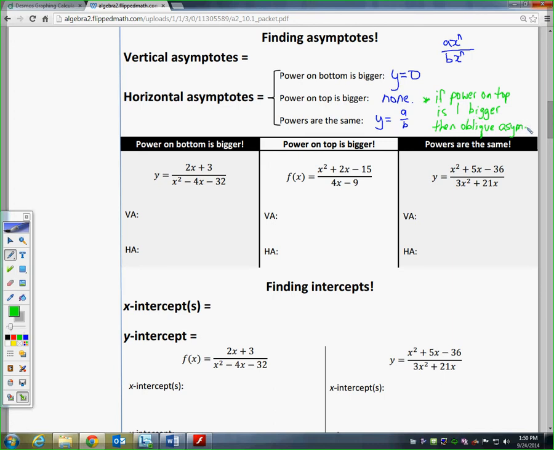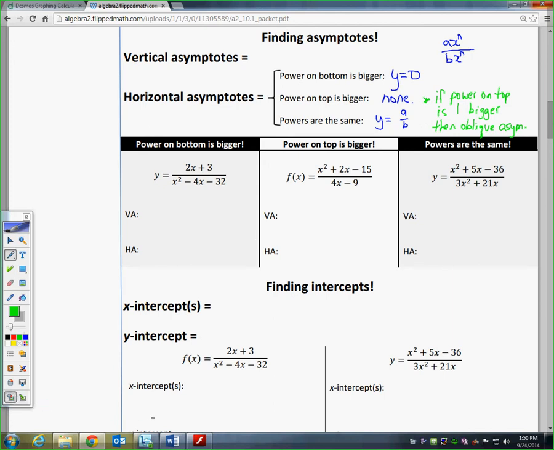Okay. So for our exam and for our tests, we don't actually have to find the equation of those oblique asymptotes, so I will be telling you to disregard some questions, but I just wanted to add that note because you should be able to recognize that.